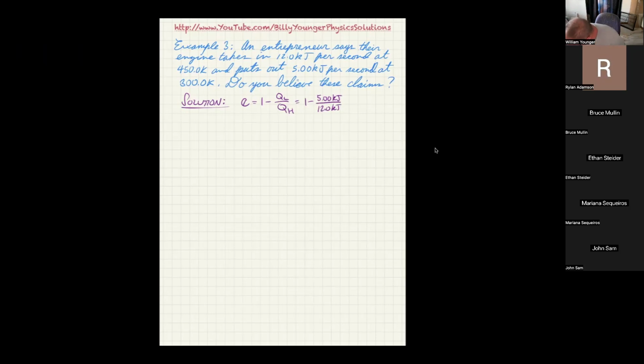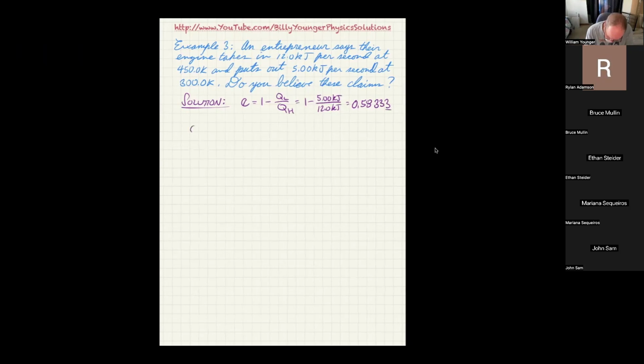So we're going to get 5 divided by 12 gives us 0.416. That's 3 sig figs divided by 3 sig figs, so we get 3 decimal places. And then I do 1 minus that. And that gives me 0.5833. So 0.58333 is the efficiency of this engine.